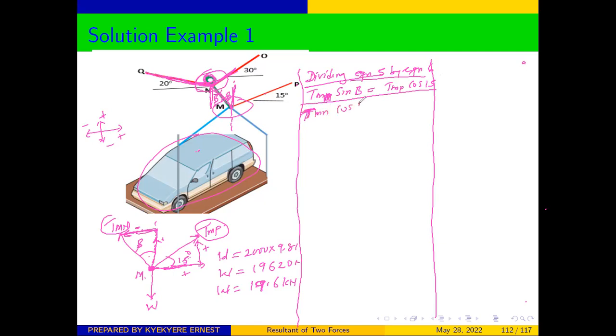And dividing, we are going to get TMN cos beta is equal to 19.6 minus TMP sine 15. But don't forget that we have already calculated TMP from our previous calculations.